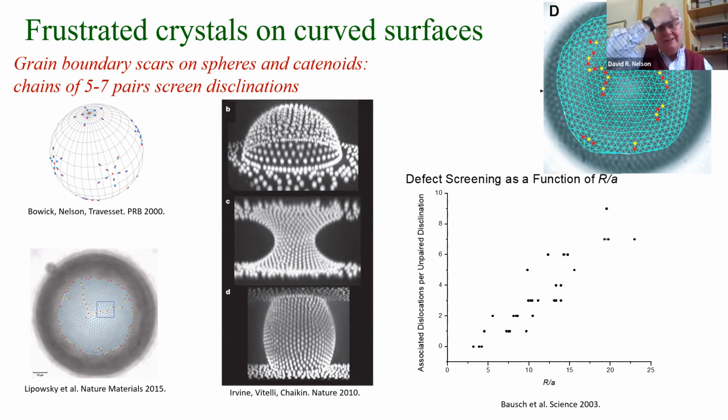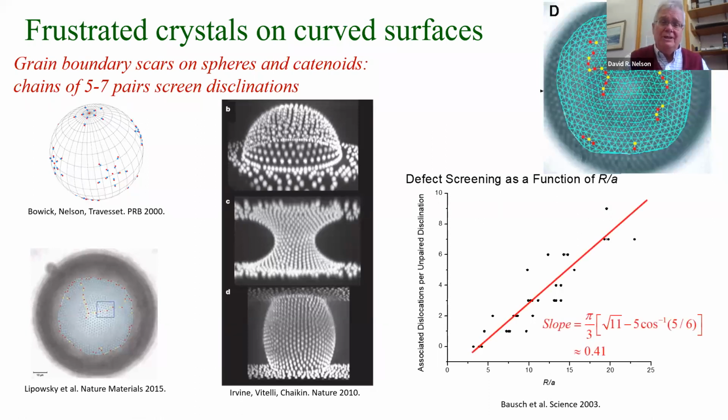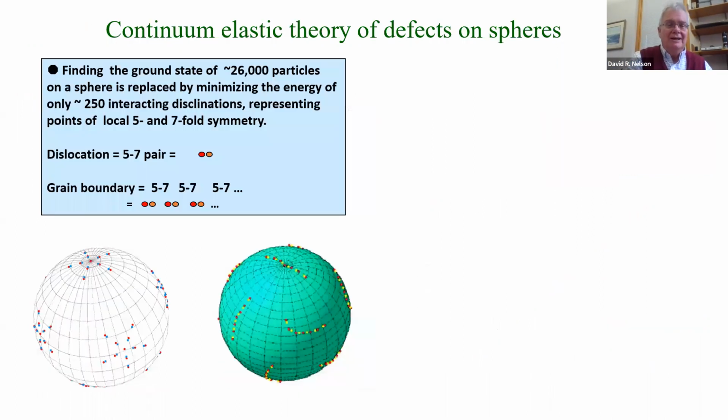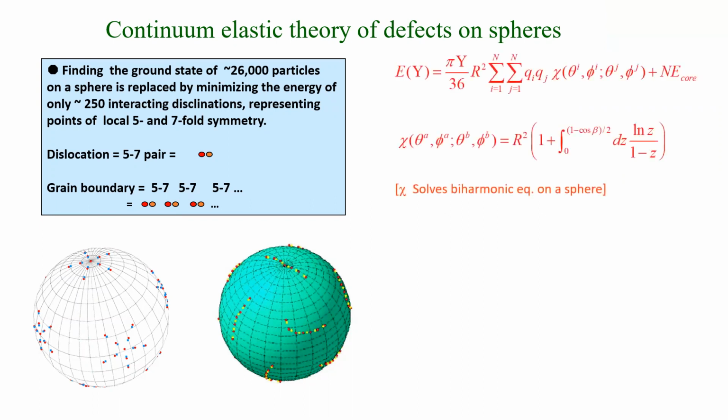All right, so anyway, in this ancient review of old work, one of the things we were able to calculate was the slope of the number of excess dislocations per disclination, and there's an exact result for that. That seemed to agree with the experiment and so forth. And one of the ways that we found useful, meaning Mark Bowick, Alex Trapace, and myself, was to look for ground states on the surface of a sphere in terms of these defects, rather than focusing on the particles themselves.